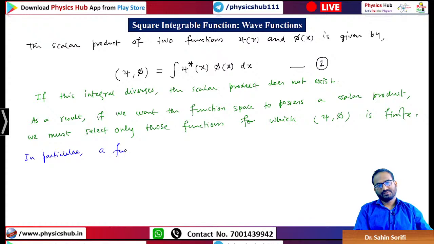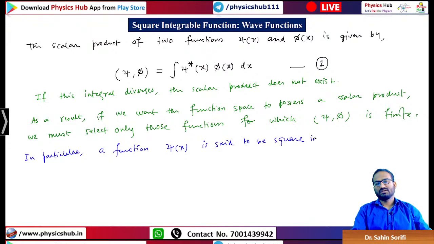Now in particular, a function, let's say psi of x, is said to be square integrable if the scalar product converges, or is finite, with itself. Here we have taken a scalar product of psi with phi.